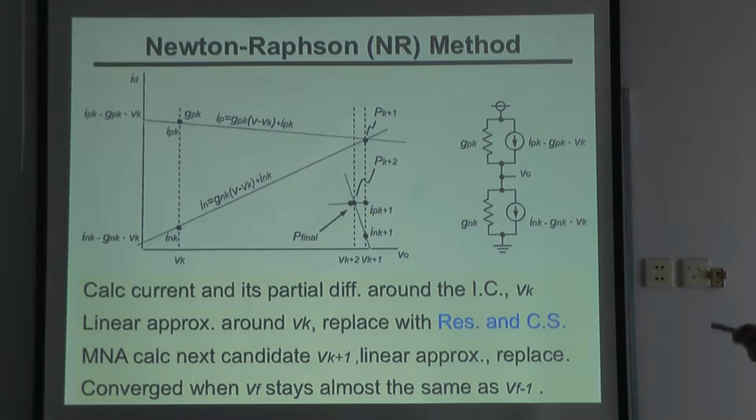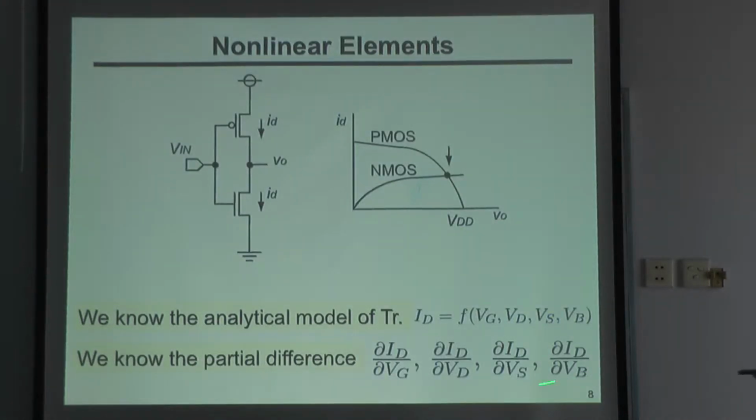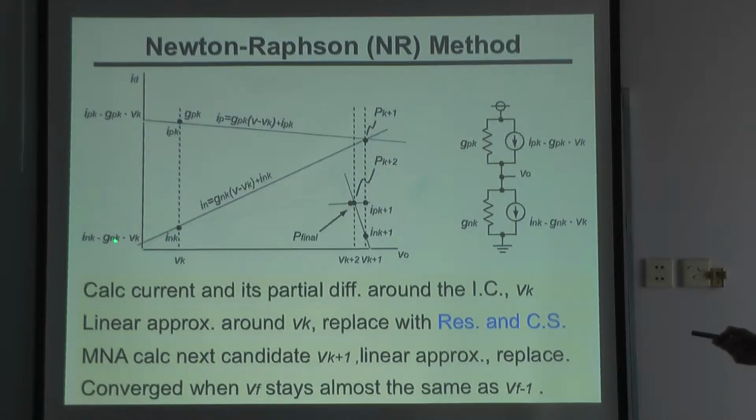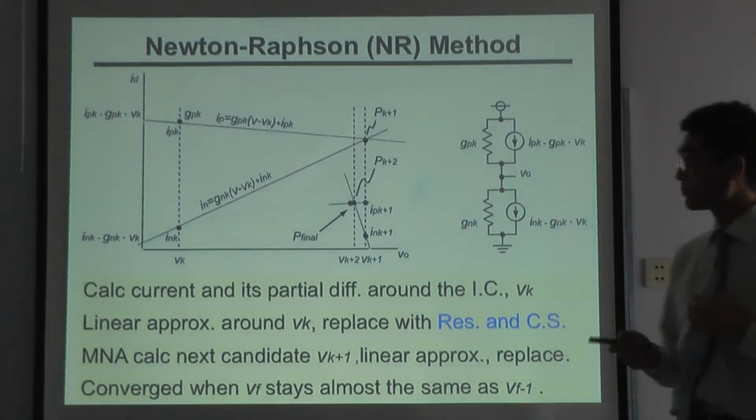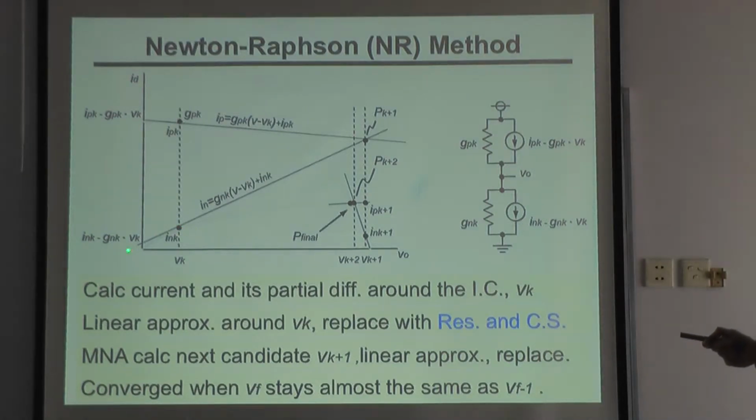And also we have these differentials. We can have these lines and we can have these lines. And these lines are expressed like this, and g_nk means a partial difference. And if we know Vk and this current, we can have this line equation. And this line equation can then be expressed like conductance and current.